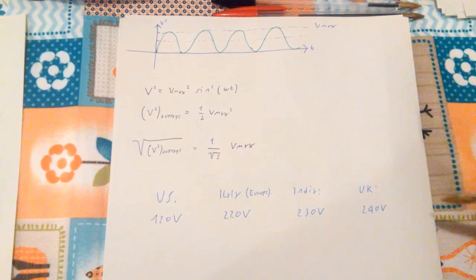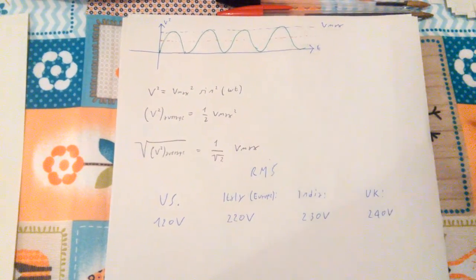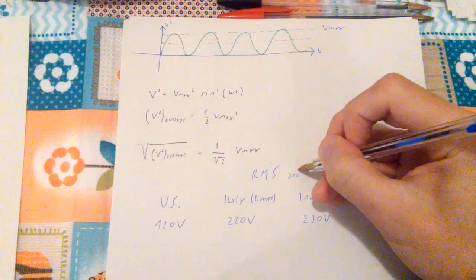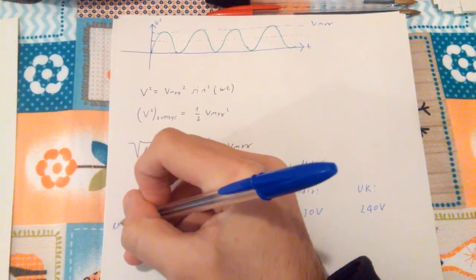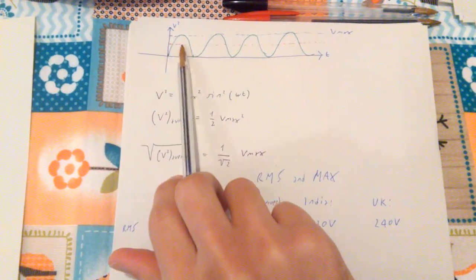What this means is just the root mean squared. So this one is the RMS, the root mean square, what I just found out.